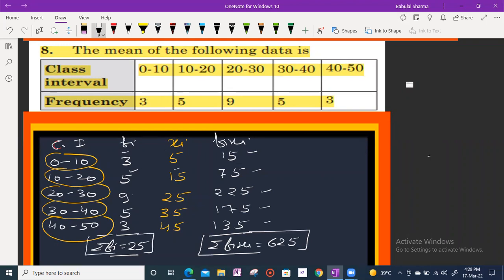My speed may be a little bit faster, but you have to add carefully, sincerely.